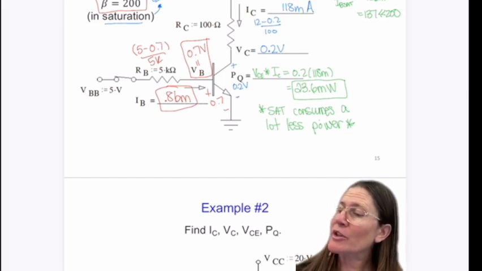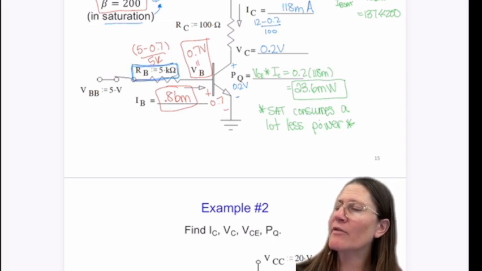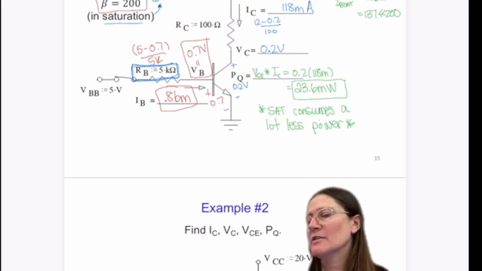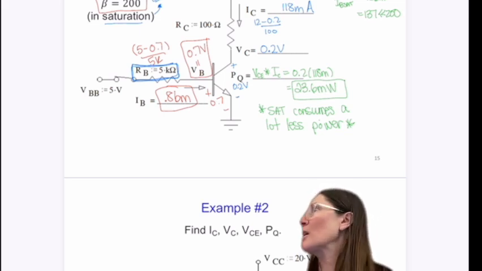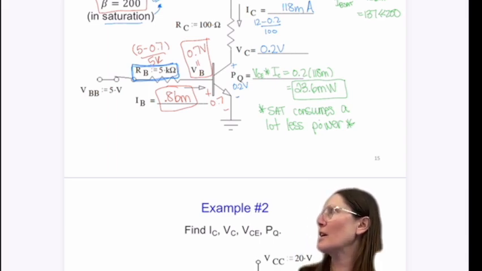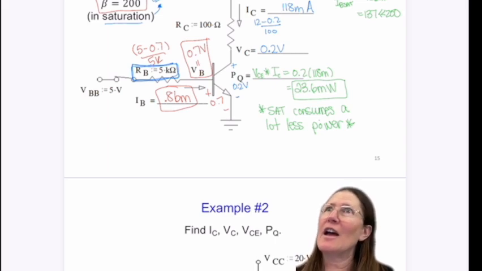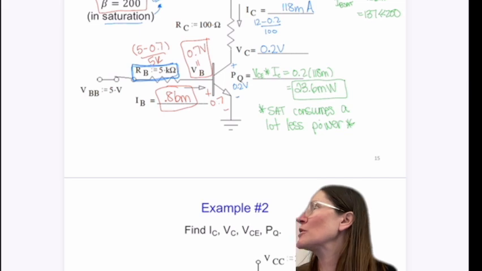So I mentioned earlier, this resistor here, RB, acts as kind of that control resistor. So if I change that, that's going to change my IB, which then will affect IC, and so on. So that's what's going to drive you if you're like, oh, I'm not quite in saturation mode, what would I want to do here?